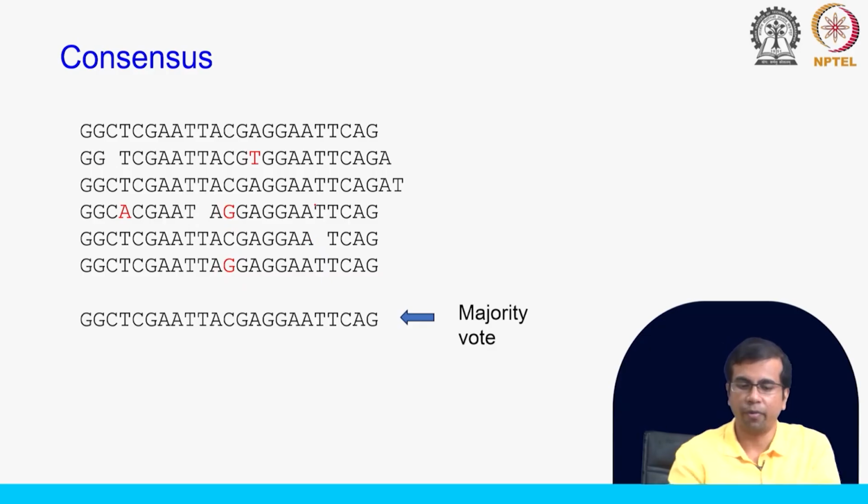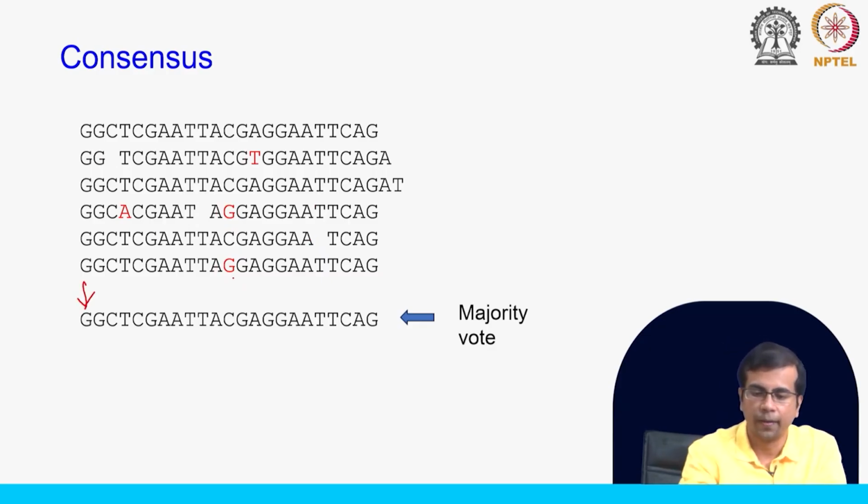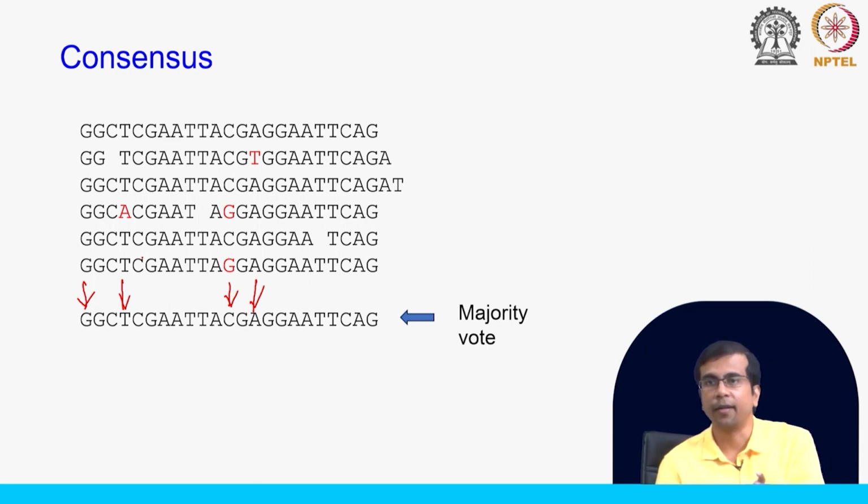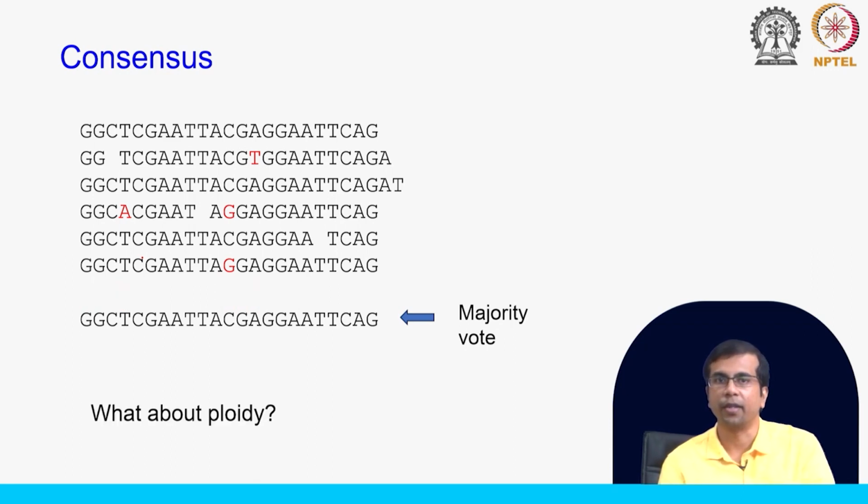So for each position we do the majority vote, and for these positions where you have these variants, we take the majority vote and say the majority actually determines the reference genome sequence. So this is how we can get the reference genome sequence from the data.